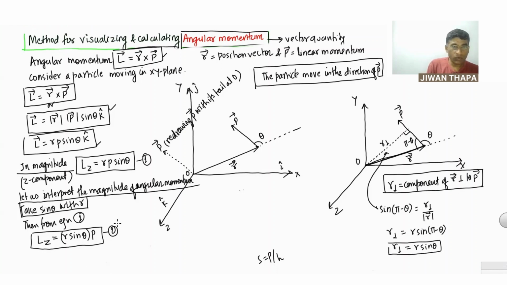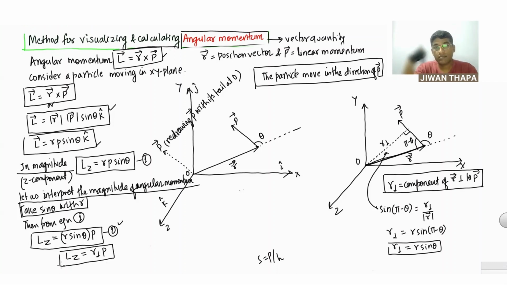Therefore from equation 2 we can write Lz, that is the z component of angular momentum, equals r perpendicular times the magnitude of linear momentum.